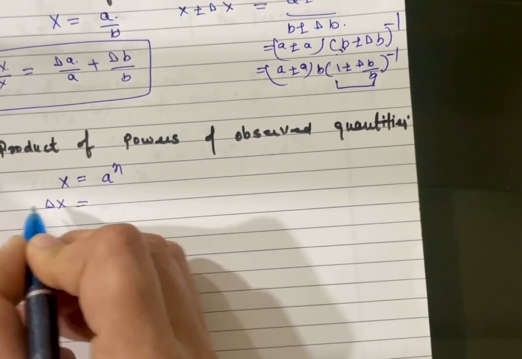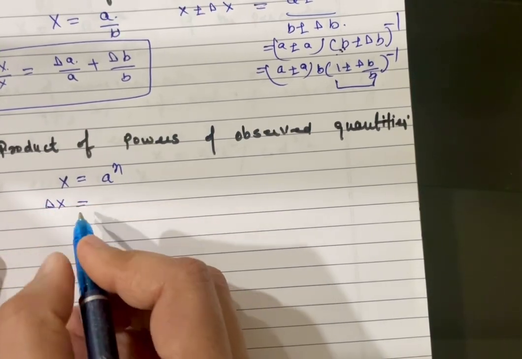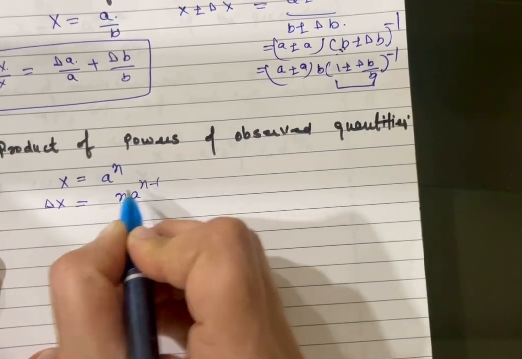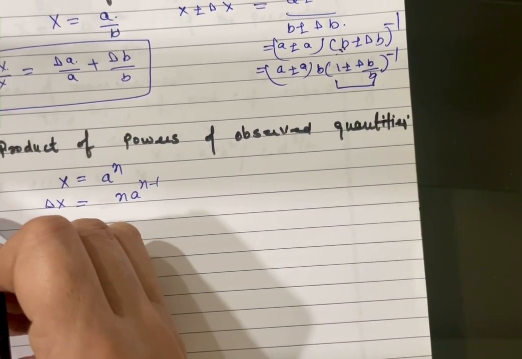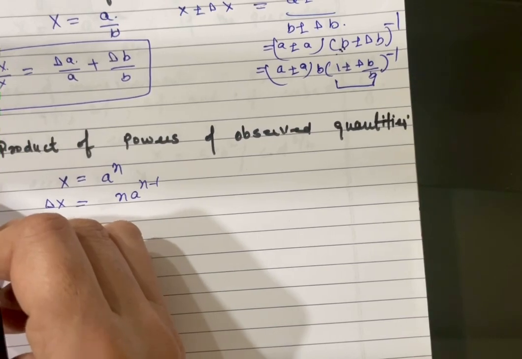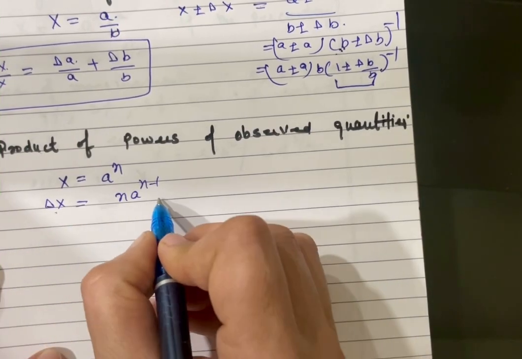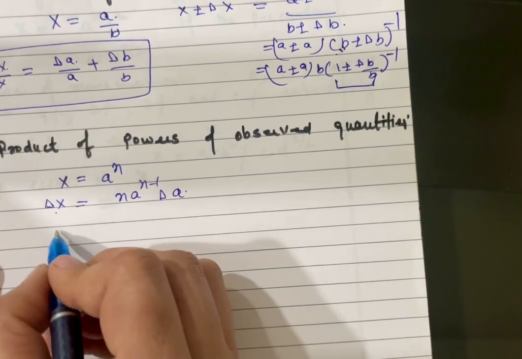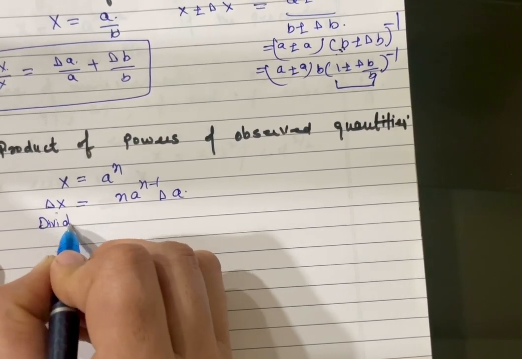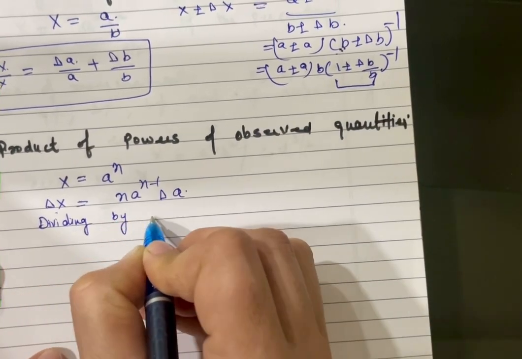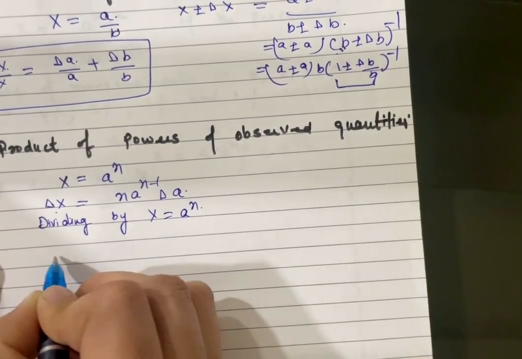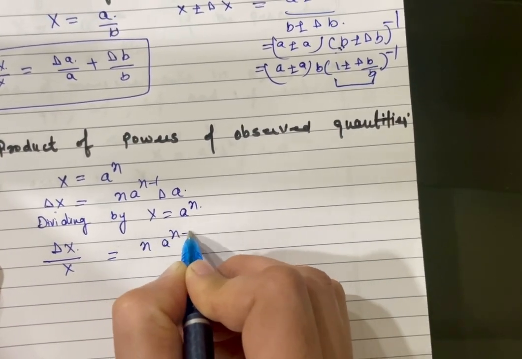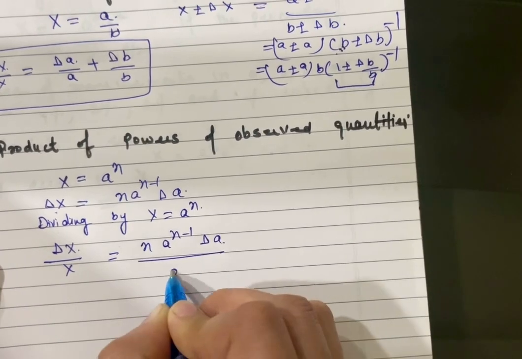Instead of dx we can write delta x, so delta x is equal to n a to the power n minus 1 delta a, where dx is delta x and da is delta a. Clear ji? Dividing both sides by x, which is a raised to power n, we get delta x over x equal to n a raised to power n minus 1 delta a over a raised to power n.